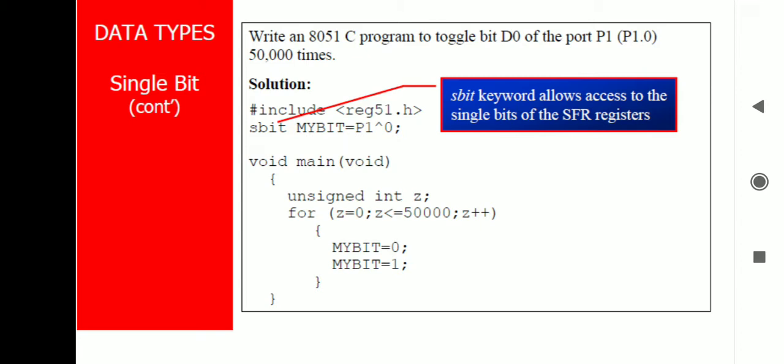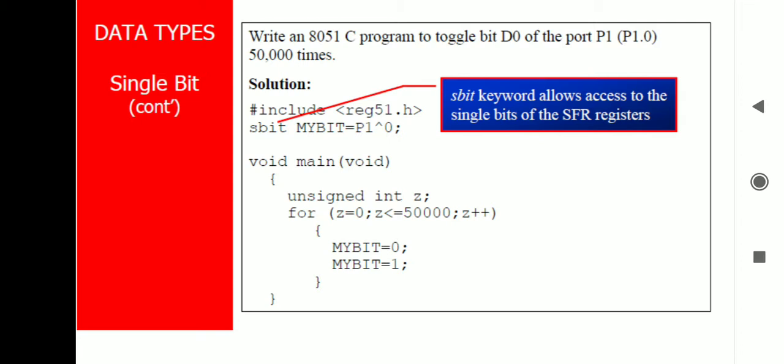The next data type is single bit. Using the sbit data type, we can address a single bit of internal RAM or special function registers. We can see in the example that the sbit keyword allows access to a single bit of special function registers.